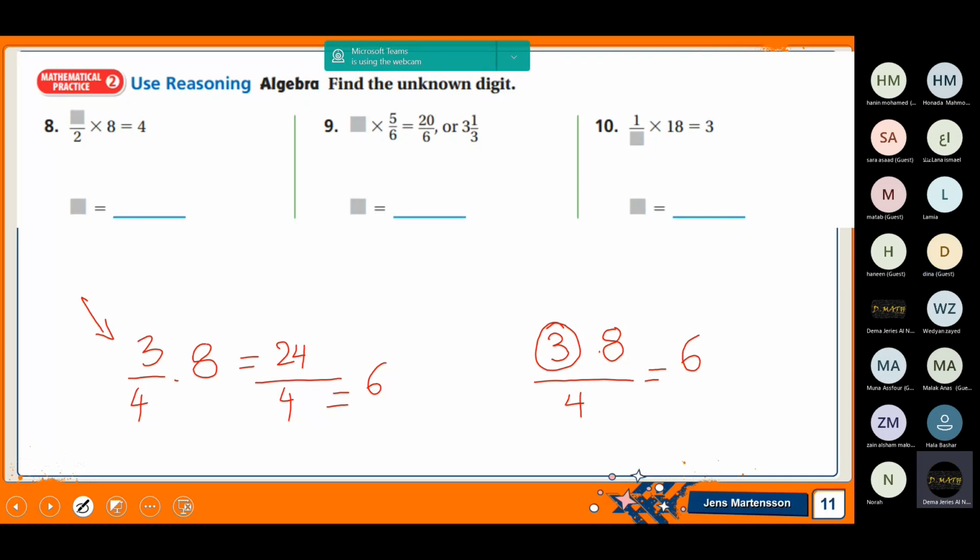Now in number 8, how do you solve it? You ask yourself, what is the number that when I multiply it by 8 and divide it by 2, I get 4?